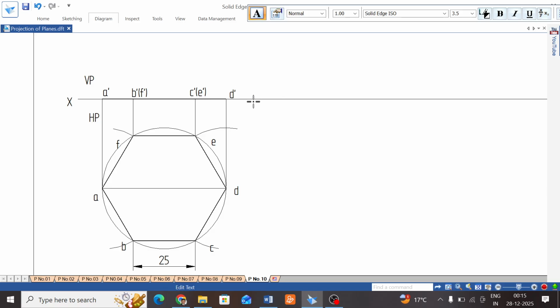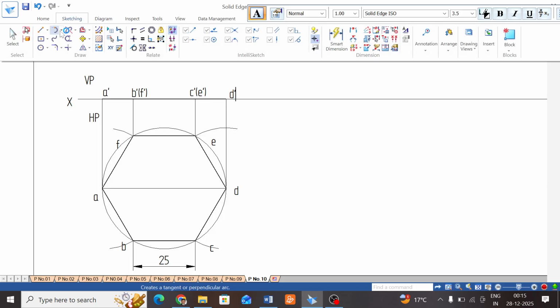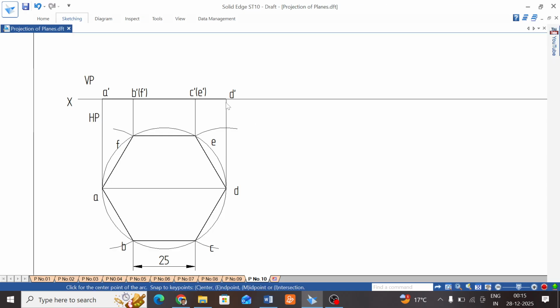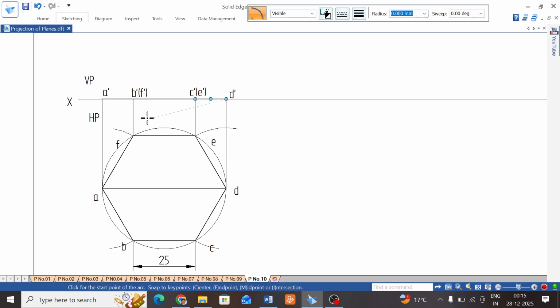With respect to d dash as the reference, it is inclined to HP at 45 degrees. Measure this distance from d dash to a dash, whatever the total length, using a scale. The length is exactly 50 mm.